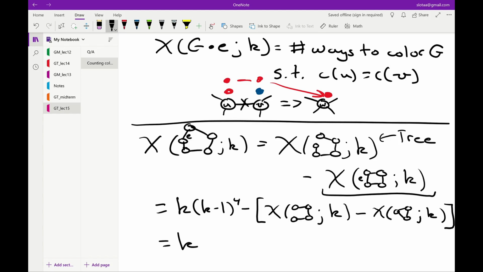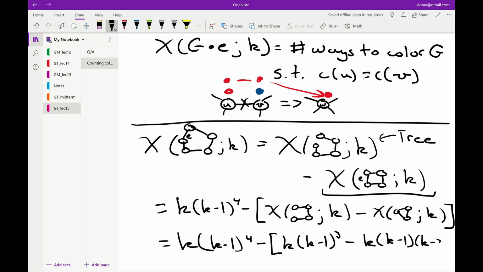So it equals k(k minus 1) to the 4 minus, so another tree, k(k minus 1) cubed, minus our 3 cycle, which we know is k(k minus 1)(k minus 2).